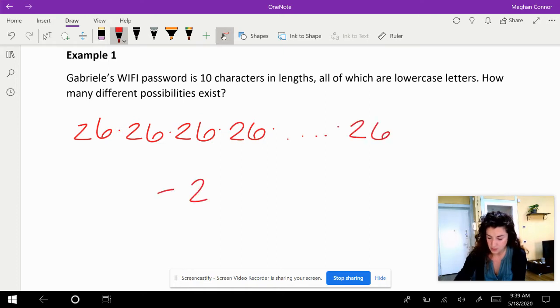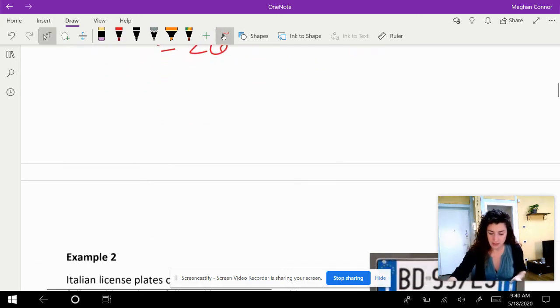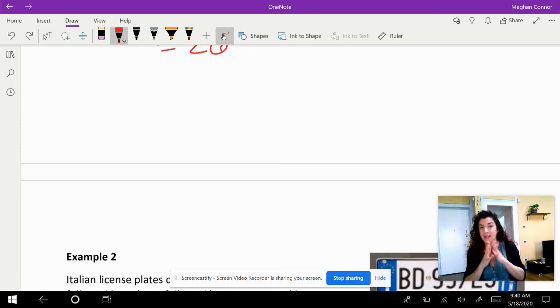So that would be 26 to the 10th power. Okay, so remember that when your calculator has an E in the answer, that means it's scientific notation, right?